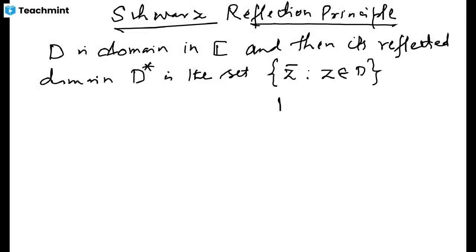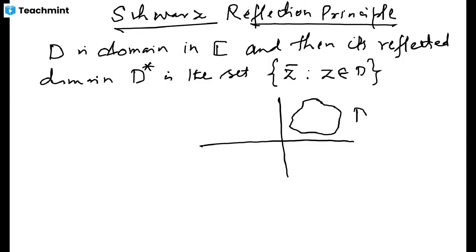So what is it? If this is D, then any point here Z, for example, Z is x plus iy, then you know Z conjugate is x minus iy.